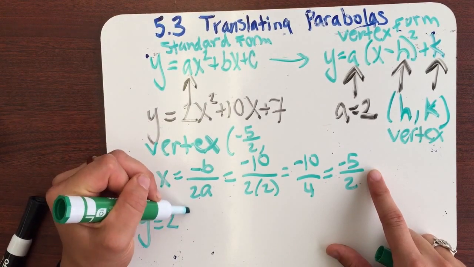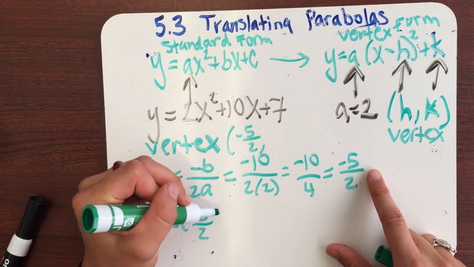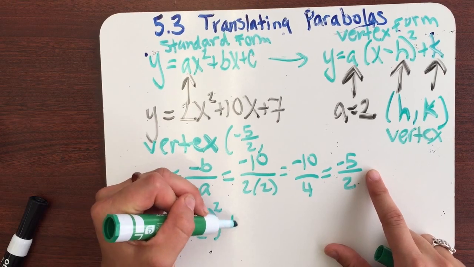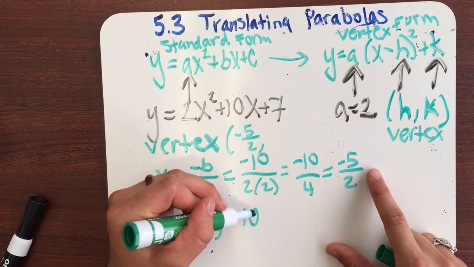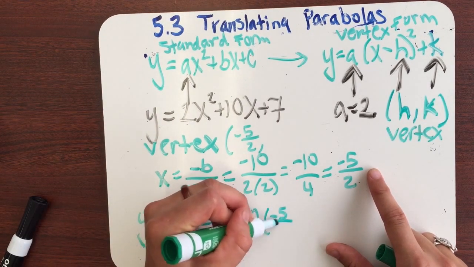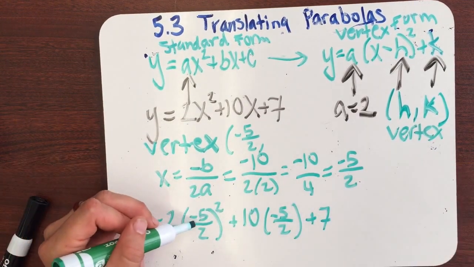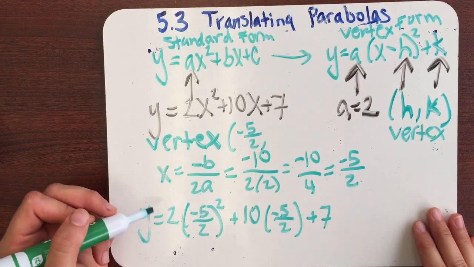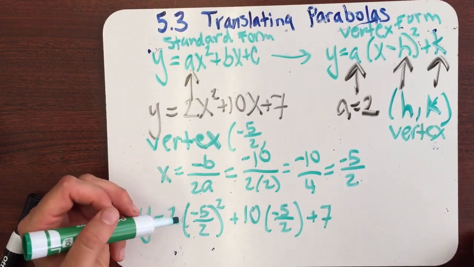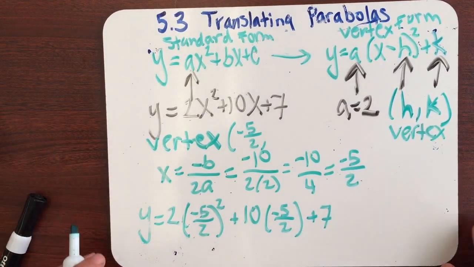So you have 2 times (negative 5 over 2) squared plus 10 times negative 5 over 2 plus 7. When you're squaring a fraction, you're going to square the numerator and square the denominator.